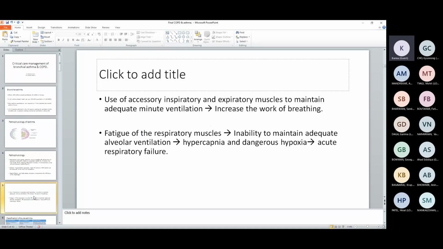With time, it will lead to increased work of breathing and fatigue of the respiratory muscles. If it is not reversed at this stage, then the patient may not be able to maintain alveolar ventilation for a long time. So it will end up in hypercapnia and dangerous hypoxia, and finally in acute respiratory failure.